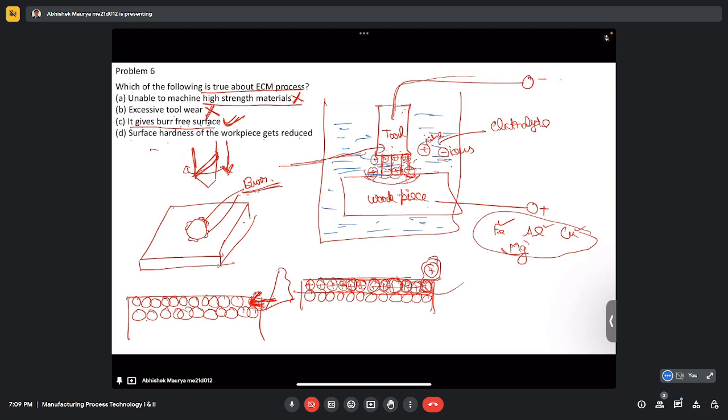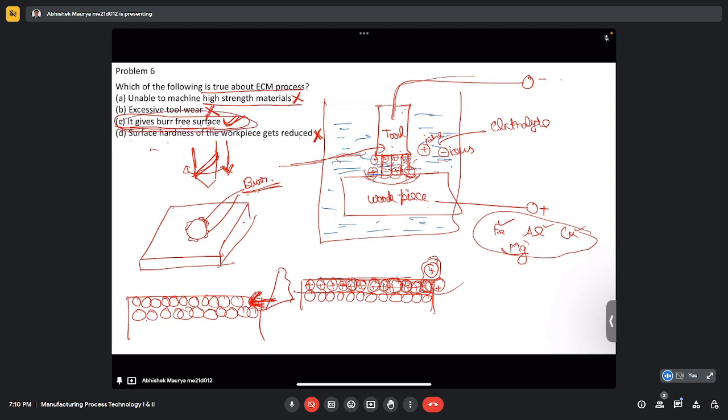But in electrochemical machining, the hardness will not change at all, because atom by atom removal takes place without disturbing other atoms. So hardness value will not change after machining. So the only correct option is C.